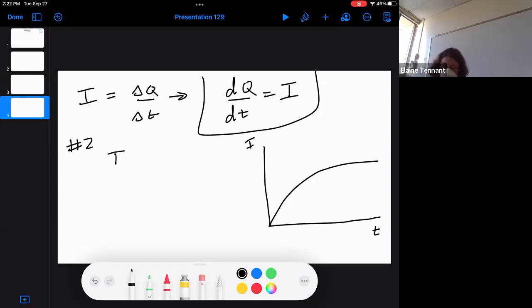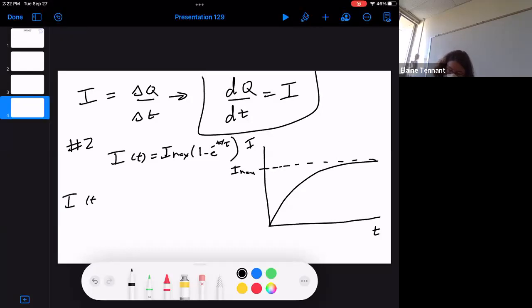And they give it. They say this current is going to be Imax, where Imax is that right there, times 1 minus e to the negative t over tau. Let me write that on the next page.